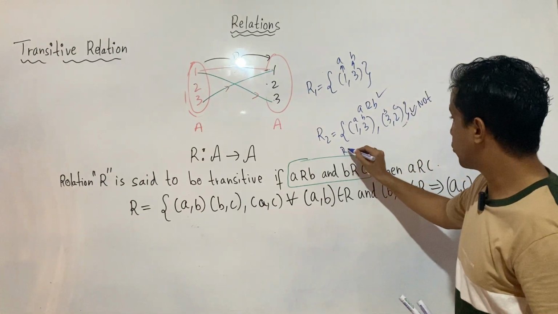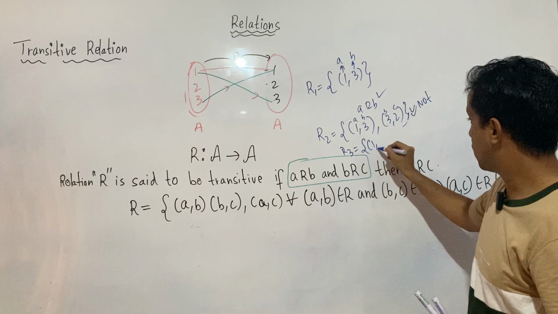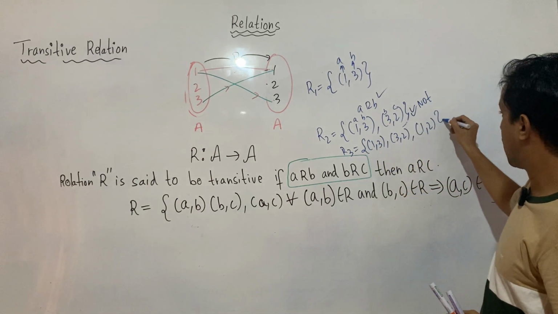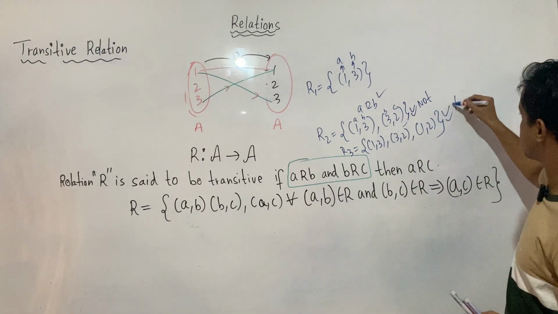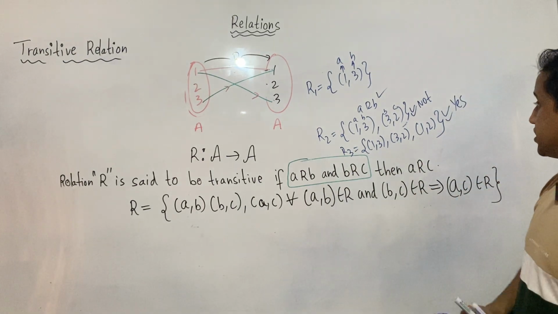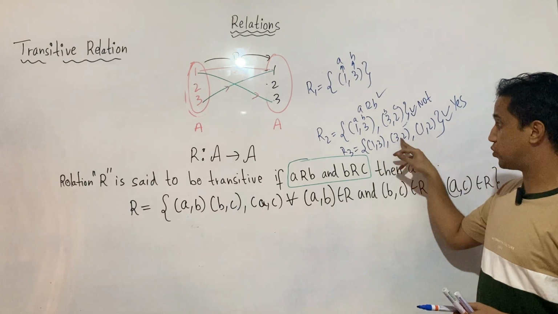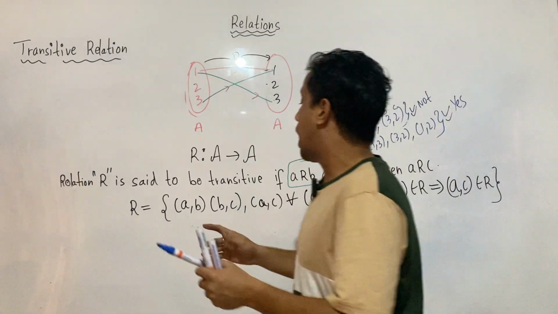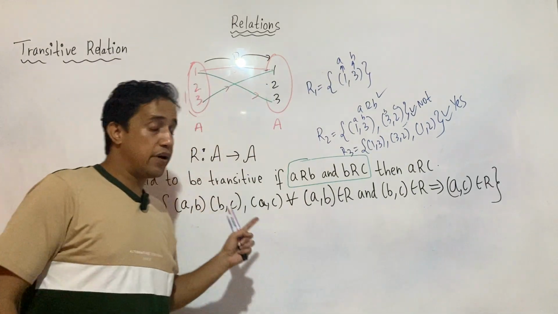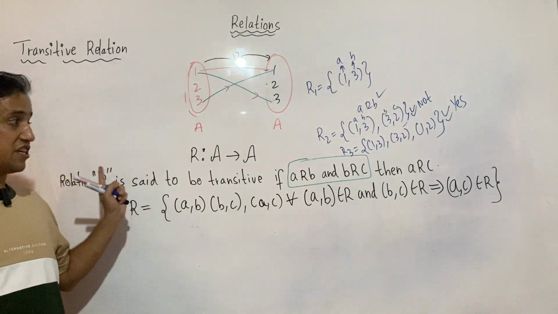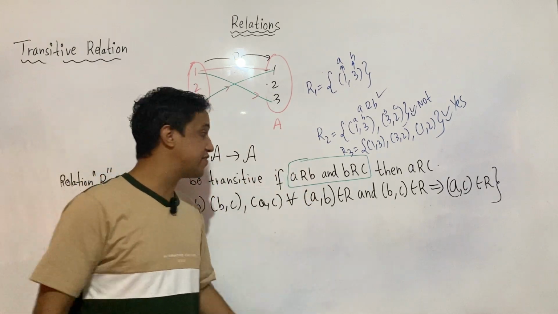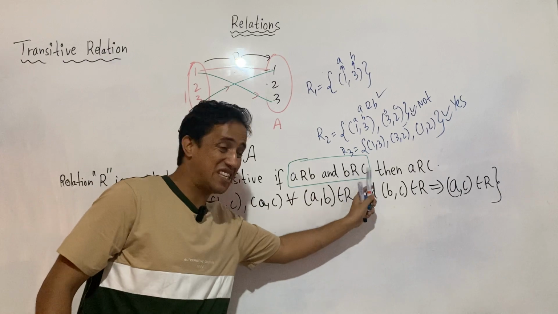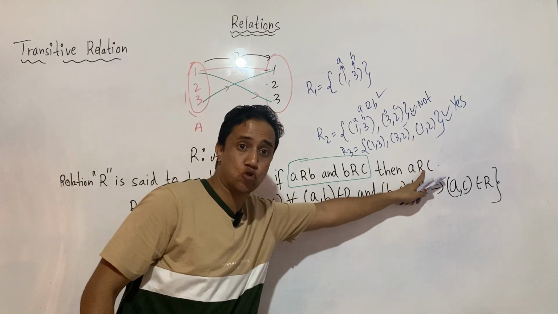Let's say there is one more relation, R3, which says (3, 2), (1, 2), and (1, 3). Now this relation is transitive. Why? Because A is related to B, B is related to C, and A is also related to C. Remember, a given relation is said to be transitive if A is related to B and B related to C, only then this thing is going to be possible.